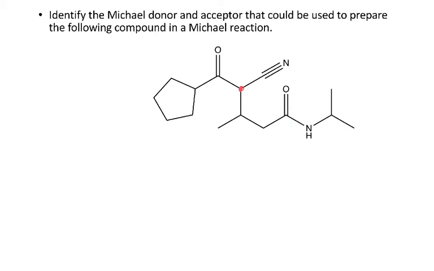So this was my alpha-beta unsaturated carbonyl compound, and this had the double bond that would have been here. So to figure out my Michael donor and my Michael acceptor, I just need to break this bond, and then this is my Michael donor, and this is my Michael acceptor.